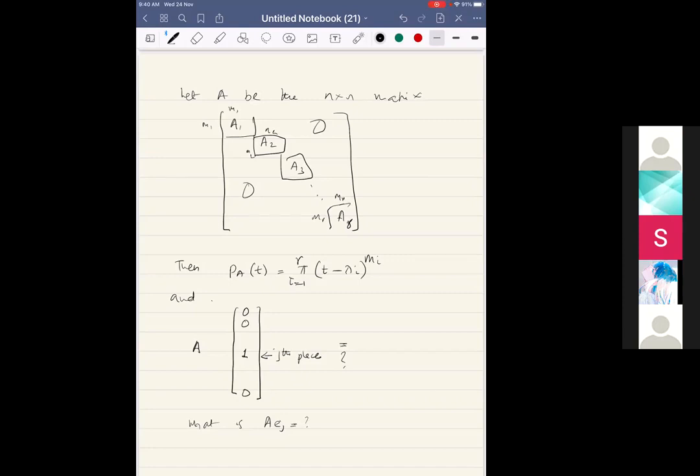Somnath and Rajagopalan, see, I'm acting on a column vector, I'm multiplying a column vector of size n with an n cross n matrix on the left. The result should be a column vector.